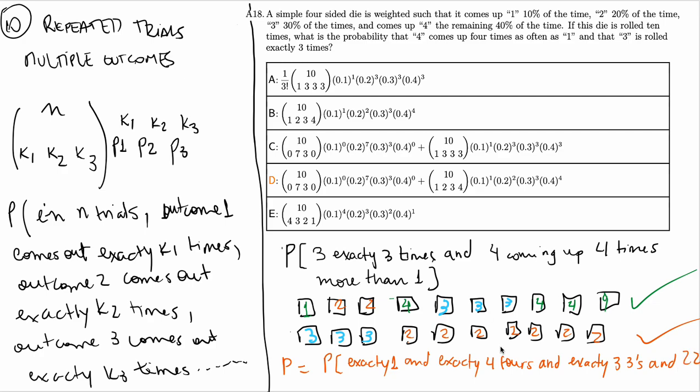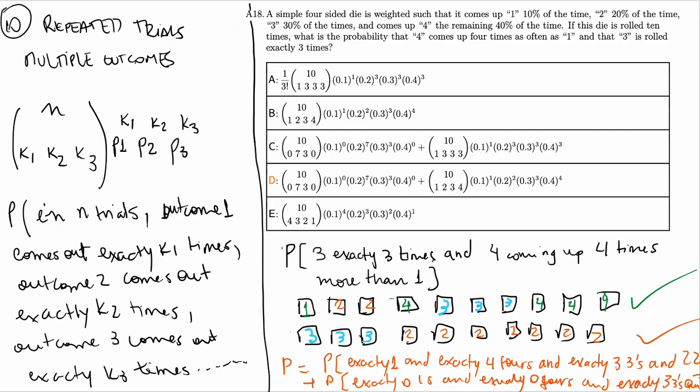That's the first situation. Plus the probability of having exactly 0 1s and exactly 0 4s, and exactly 3 3s, and how many 2s? 1, 2, 3, 4, 5, 6, 7. Yeah, 7, and I'm out of things. 7 twos. Okay?